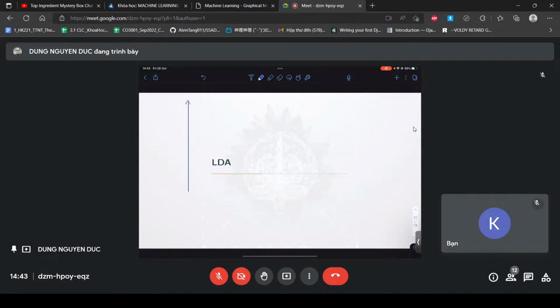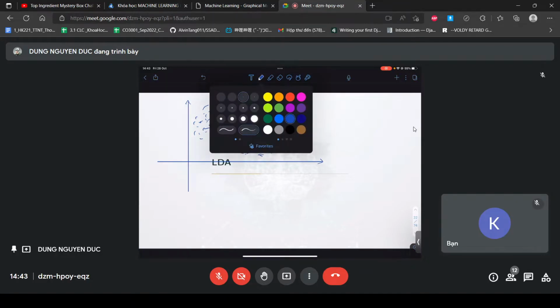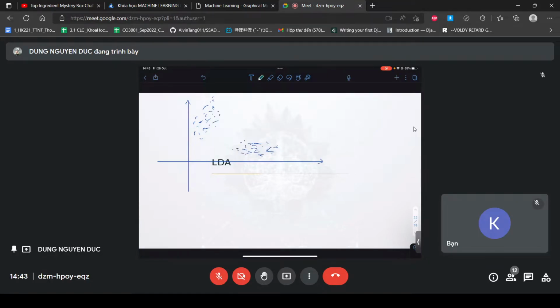Okay, so for example, I have some data like this. Suppose that I have some data of class A, like this one. I have some data of class B, like this one. Now, there are some ways for me to project data. I may intend to project data onto this direction. So I may have my data of class A end up somewhere here.